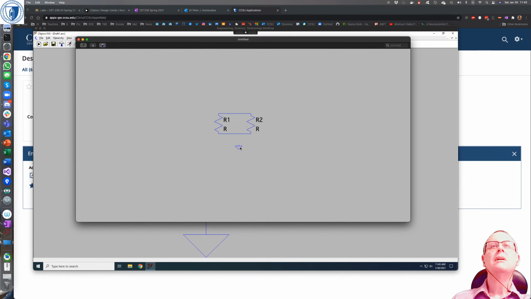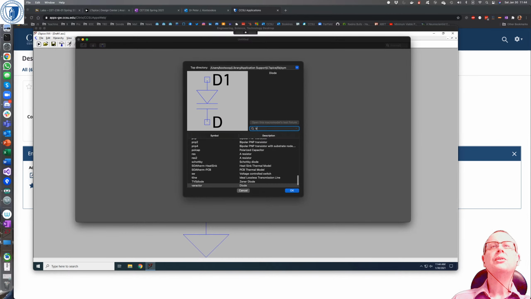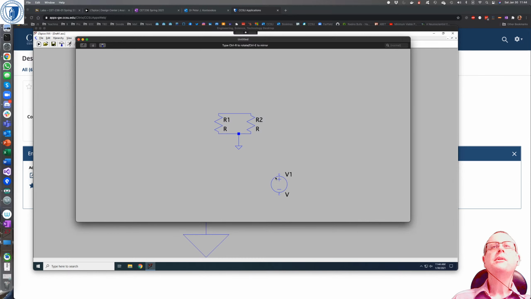And then we can go with, what was it, F3, I think, for wires. We can connect up ground. And then component, and I should be able to search for voltage source, right? And then F3 again to connect up the voltage source.